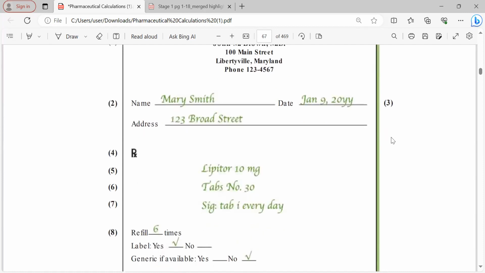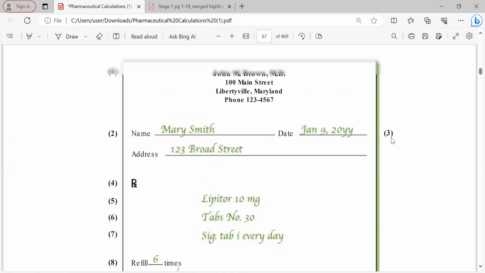For prescriptions with controlled substances, you need more than just the name of the prescriber or the facility.